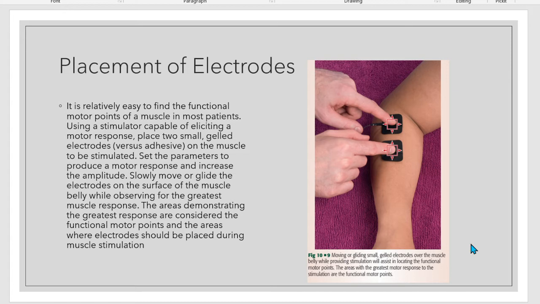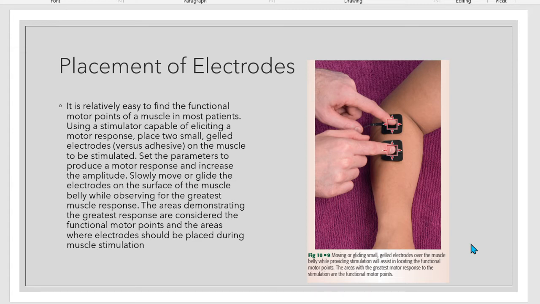Especially if you're going to use the reusable katong rubber. And then you're going to slide, no? You just put it in the area where you want to stimulate the muscle. Then you have to slide it down. So you move, you turn on your modality. Then until the muscle contracts, then you have to slide it down slowly. And you have to observe in which point there is a greatest muscle response.